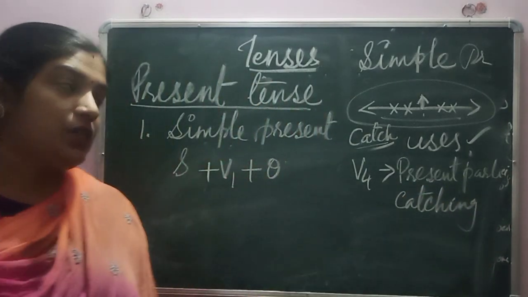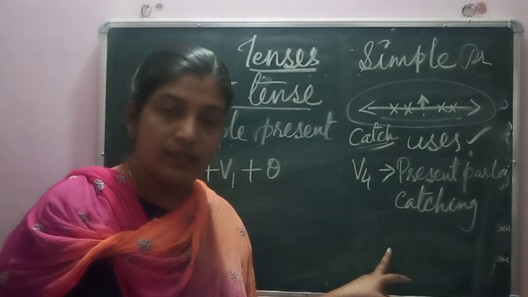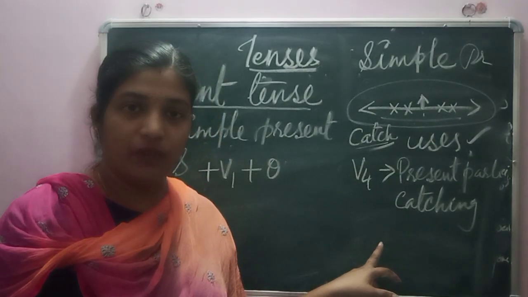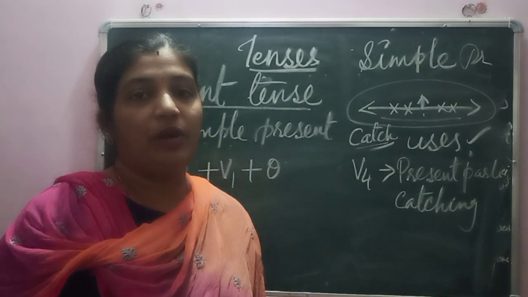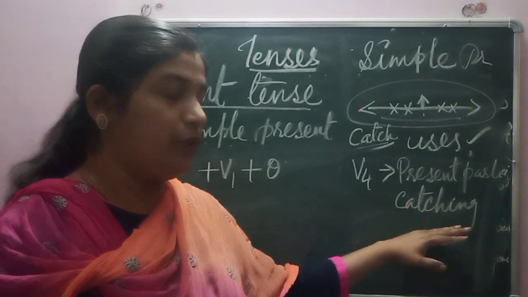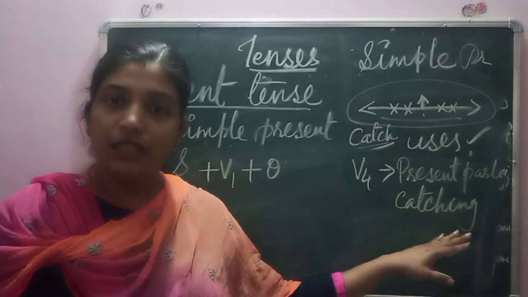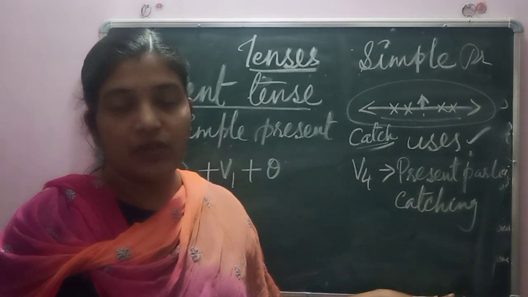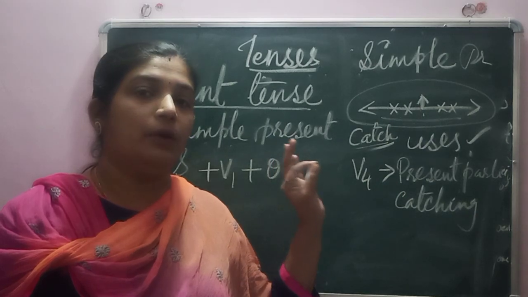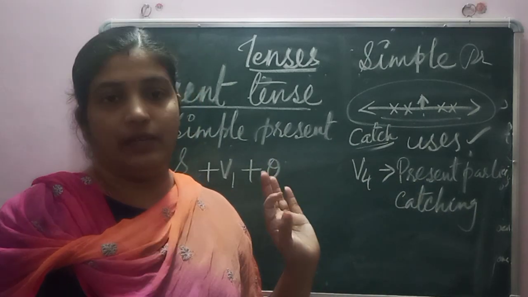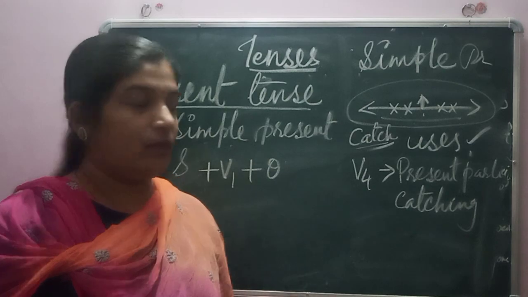I hope you understood this one. V1 is present tense. V2 is past form of the verb. V3 is past participle. And V4 is present participle. That means ing forms. Always remember that ing forms are used in continuous tenses. Perfect forms are used in perfect tenses. Clear? Okay.